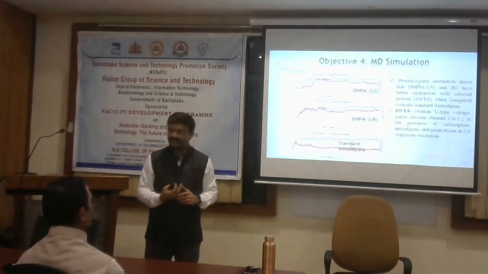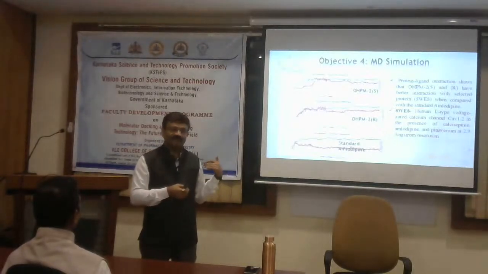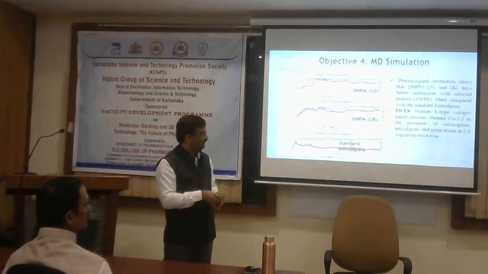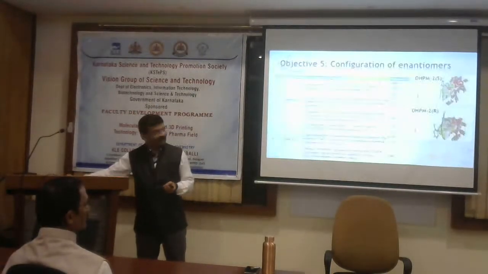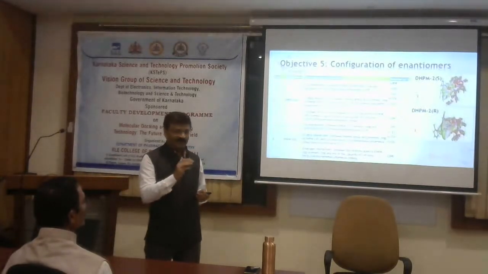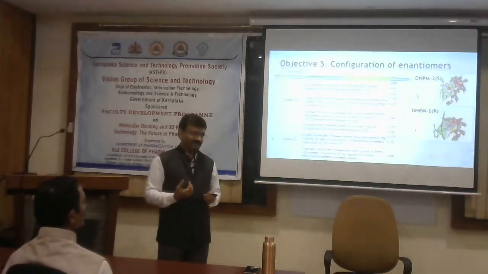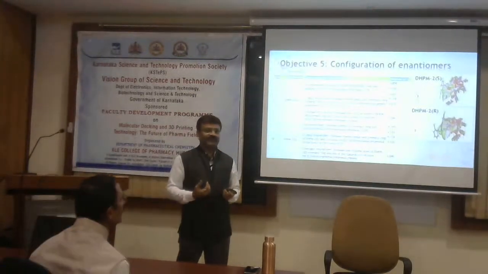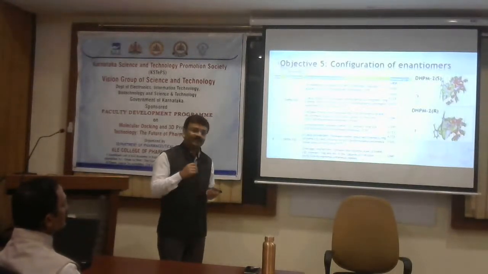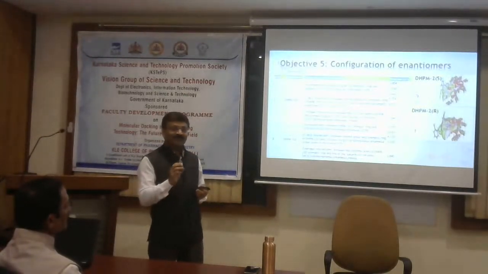So I can say straight away that we made the comparison of the existing molecule against my synthesized molecules, and that was taken into comparison with amlodipine only, and we got results. Then the next job is to identify which is R and which is S. The molecules are synthesized, and now I have to identify the different configurations, which I could achieve by using this software. Which is R and which is S is determined by considering the chiral stationary phase.